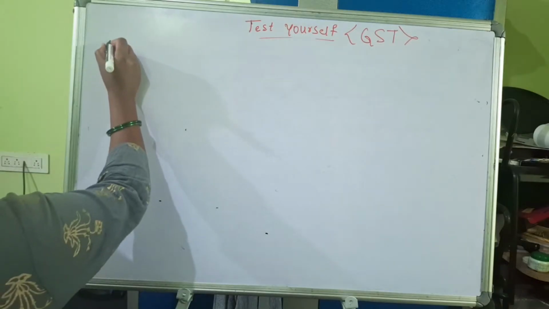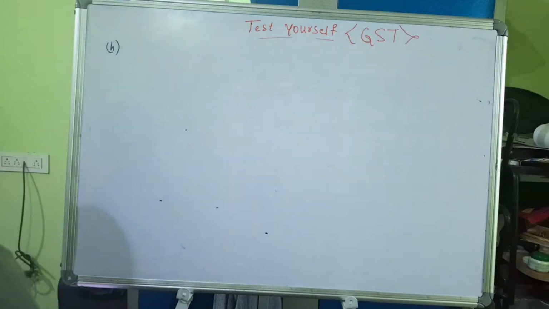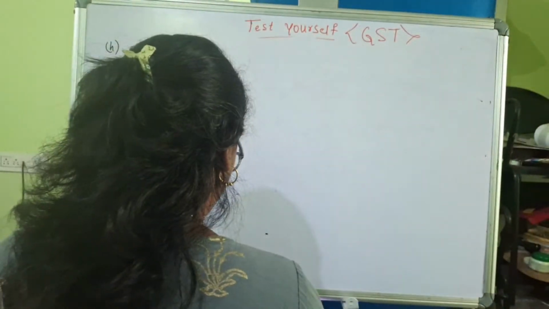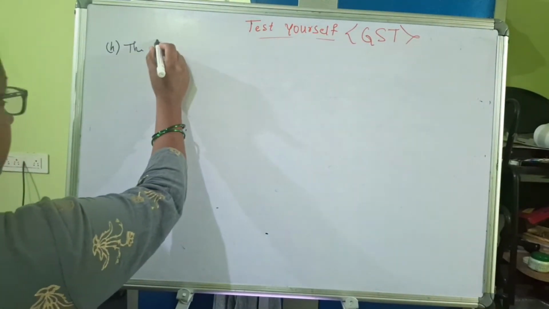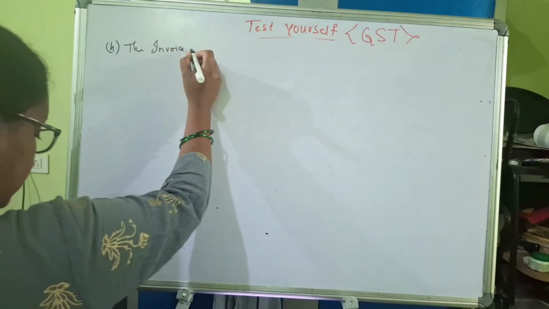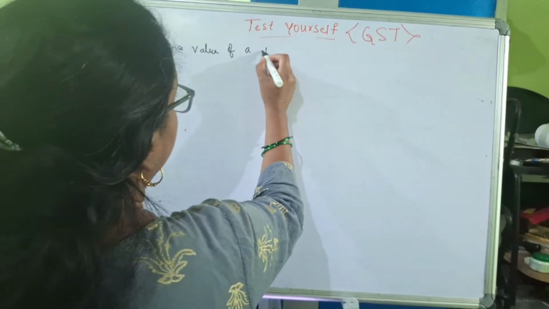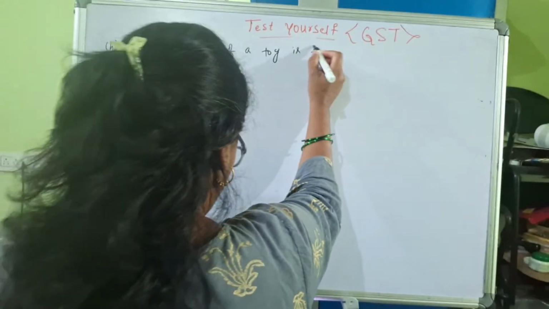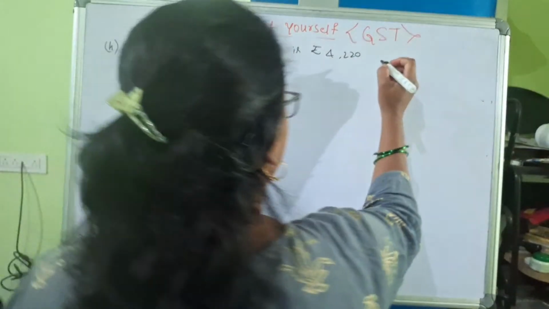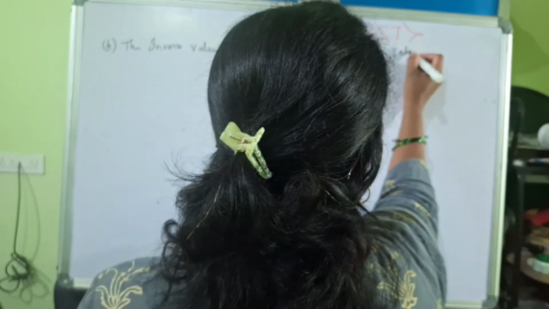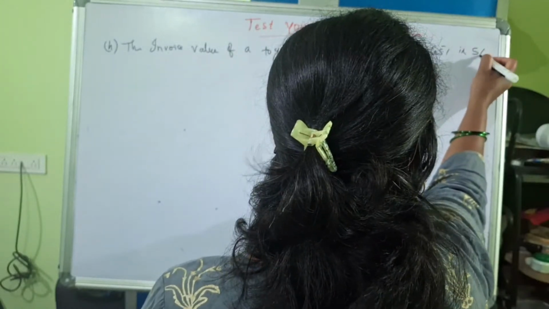We will move to the next question. The invoice value of a toy is rupees 4,220 and the rate of GST is 5%.